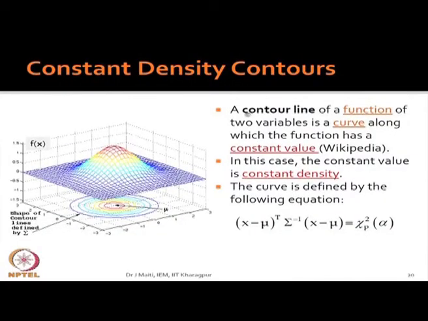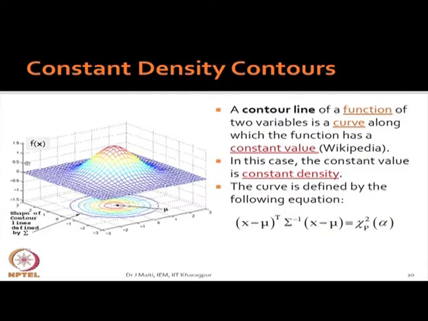Why constant density contour? What is the contour? A contour line of a function of two variables is a curve along which the function has a constant value. This is the Wikipedia definition. So our function is f(x1, x2), and when we are making a cross section here, that means we are taking a constant density.